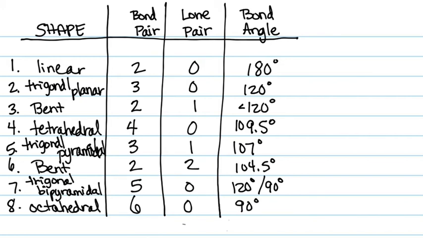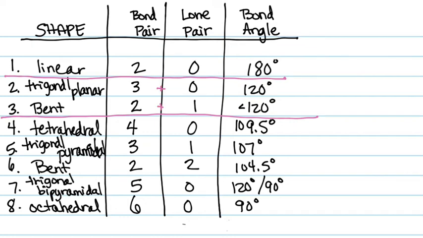Now, this is just over half of our shapes. If I were to break this up into sections, you've got your total of 2 above here. These right here add up to 3. So 3 plus 0 is 3. 2 plus 1 is 3.